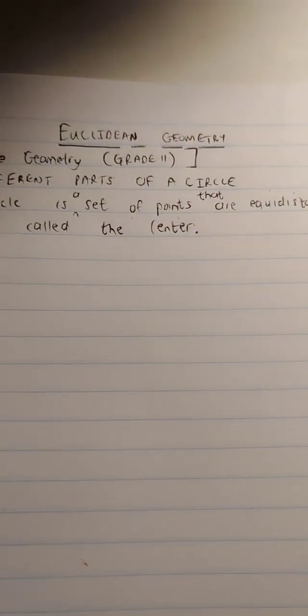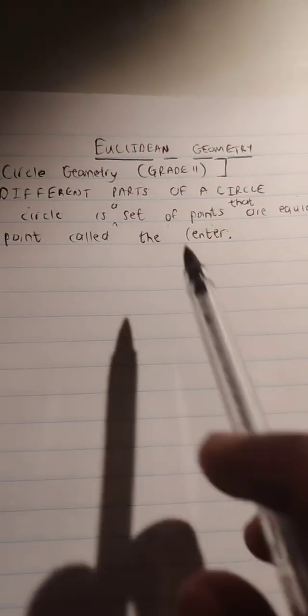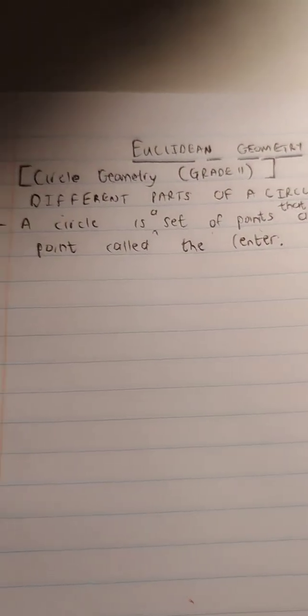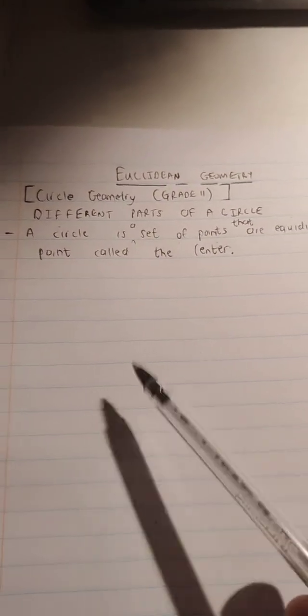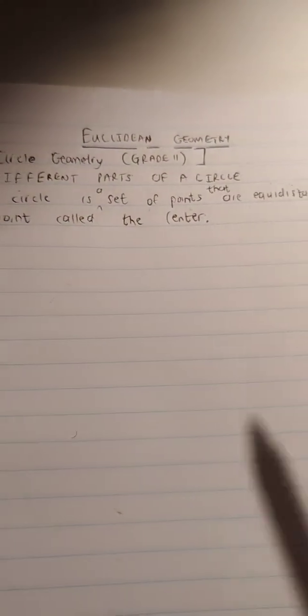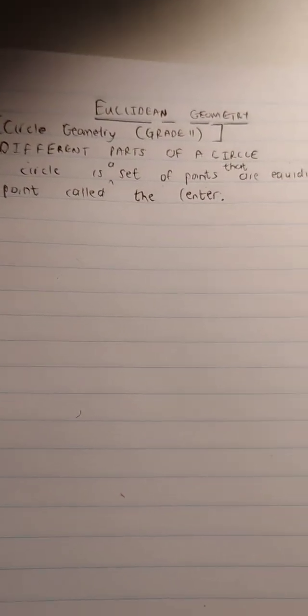That's what a circle is, guys. So if anyone ever asks you what a circle is, now you know: a set of points that are equidistant from a fixed point which we call the center.